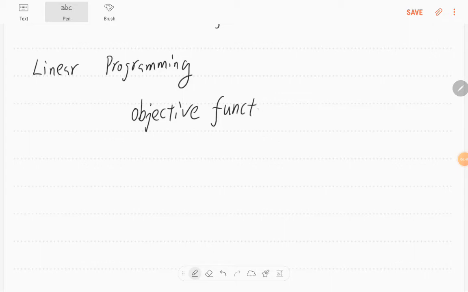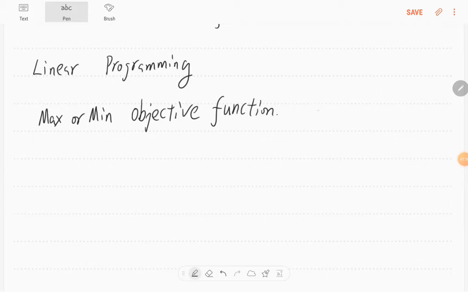The objective function is the aim of this problem. We always want to maximize or minimize the objective function. For example, we want to maximize the profit. So what is our aim? We want to maximize or minimize some objective function.